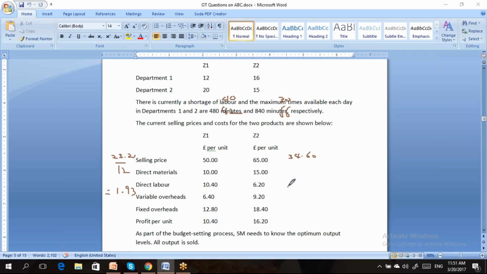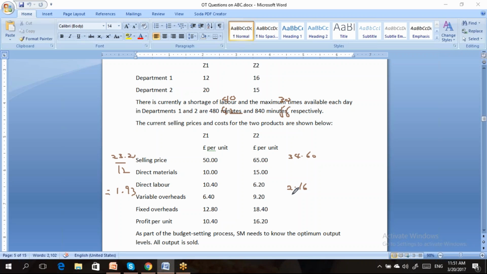It's 2.16. So if I rank it, because my limiting constraint is department 1, my first priority will be to produce Z2, correct? Z2. So with my labor hours, I have only 480 minutes of labor. I will produce the maximum of Z2.